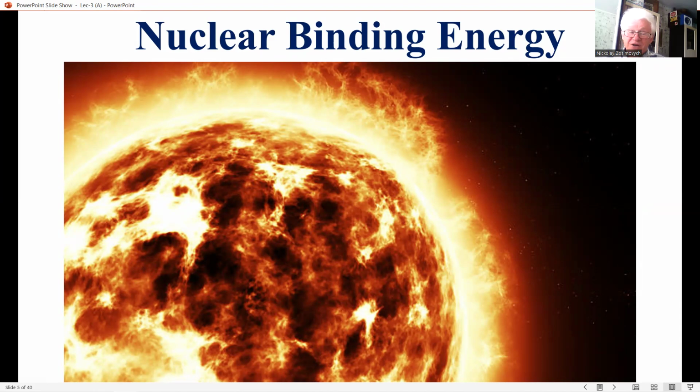This is quite different from the way you would generate energy by burning wood in a fireplace. The process of burning wood extracts energy by breaking and rearranging chemical bonds among atoms in the wood. Do you agree with me? Nice.